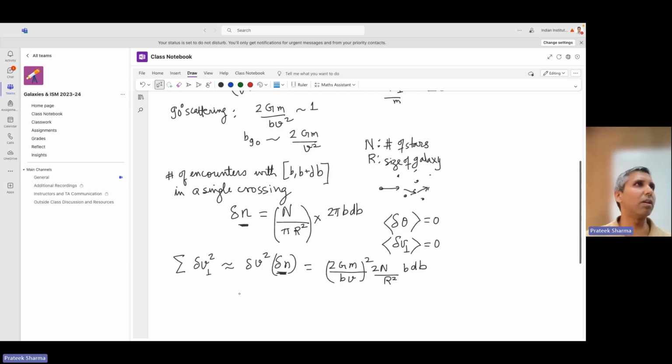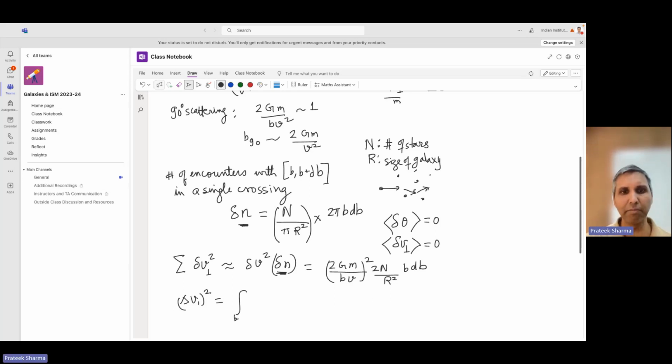Now let's sum over all the b's. So let's just call that delta v perp, or delta v squared in a single crossing. That would be, so now I'm actually integrating over all possible values of impact parameter b.